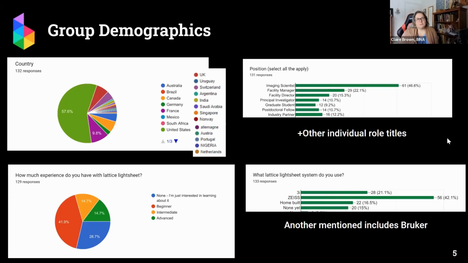When everybody registered for the group, we collected some demographic information, and it's quite impressive. So we have 132 people in the group at this time, and coming from many, many different countries, with the United States and France, a lot from France. And I think the UK is the 3rd highest there. It's not Brazil, I don't think. It's a little darker red, right?